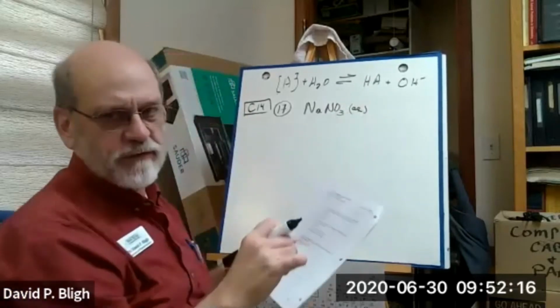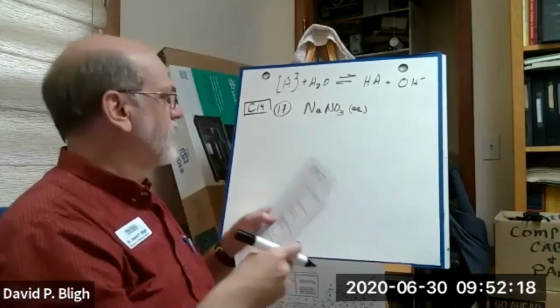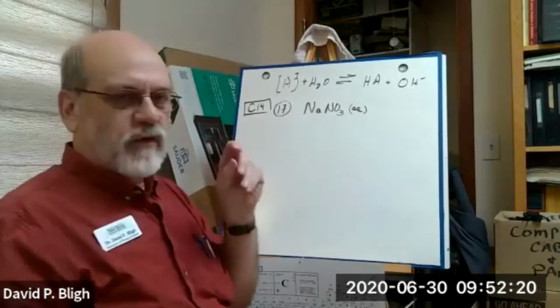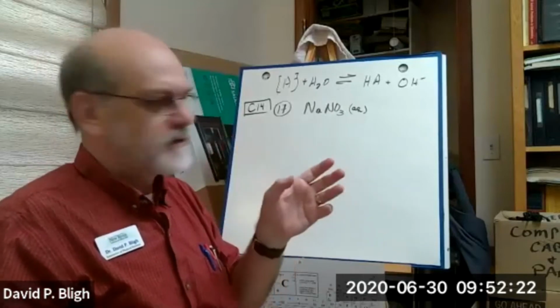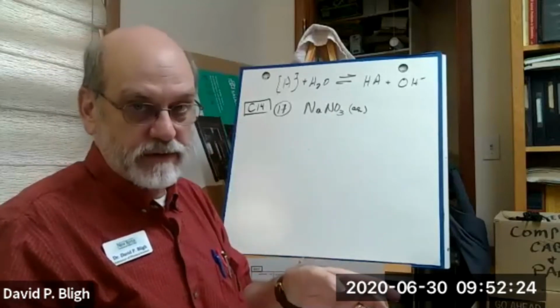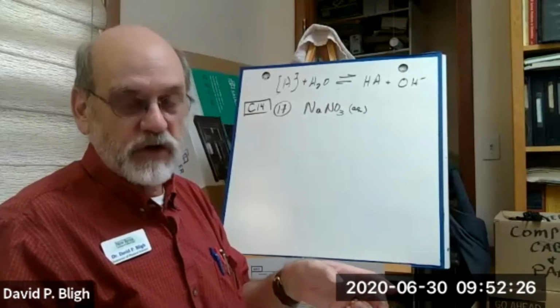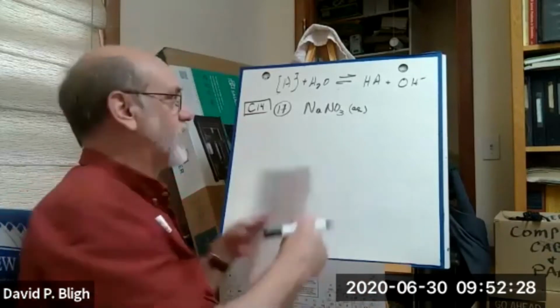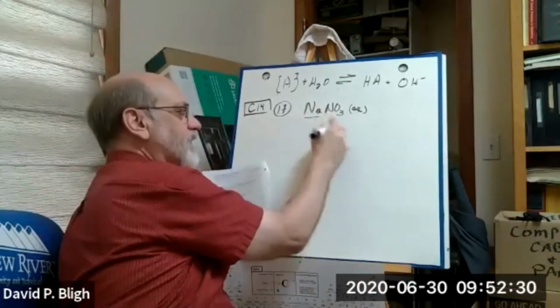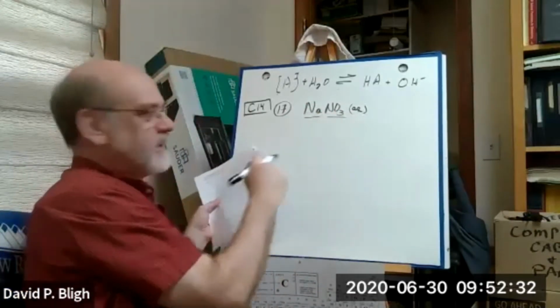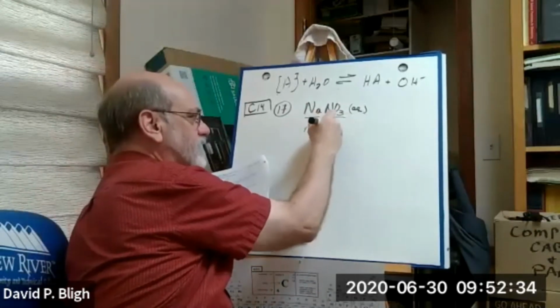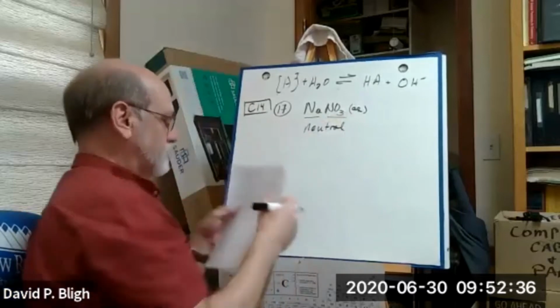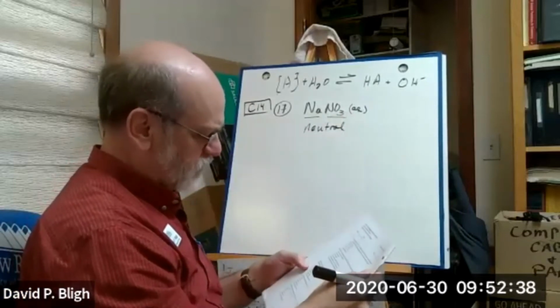And remember the rule of thumb. If we combine a strong base with a strong acid, you get a neutral solution. So sodium hydroxide combined with nitric acid gives us a neutral solution. All right, so 17 would have to be C.